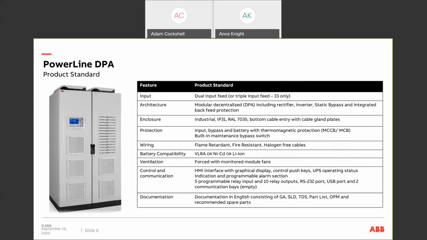Each module itself includes rectifier, inverter, static switch, battery, DC to DC battery booster, and integrated backfeed protection. All the modules that are in Australia come out with conformal coating. Anything that comes into Australia, that is an option, but we include it as standard on all our modules into Australia with conformal coating.